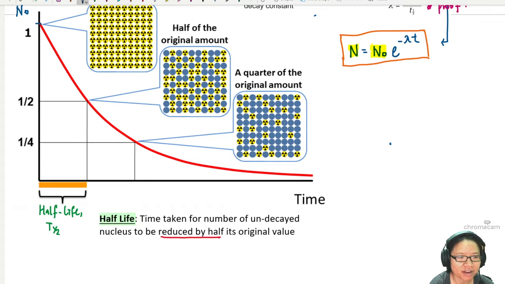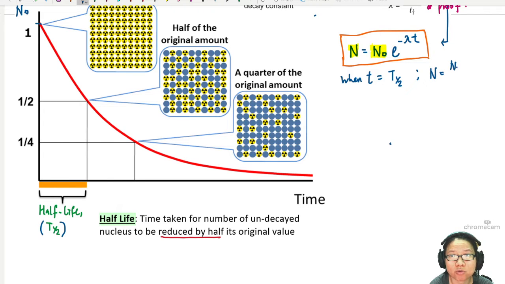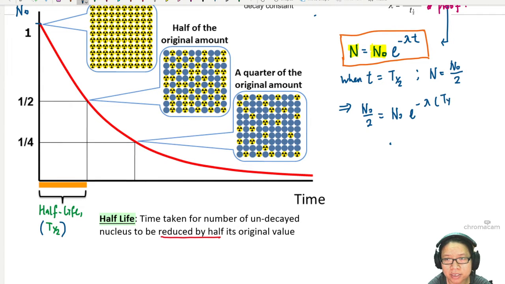The symbol we will use for half-life is T half. So we will say when t is equal to T half, N is the original over 2, half. I'm going to substitute inside here. So this N becomes N naught over 2, which is equal to N naught e to the negative lambda, and the time is T half.